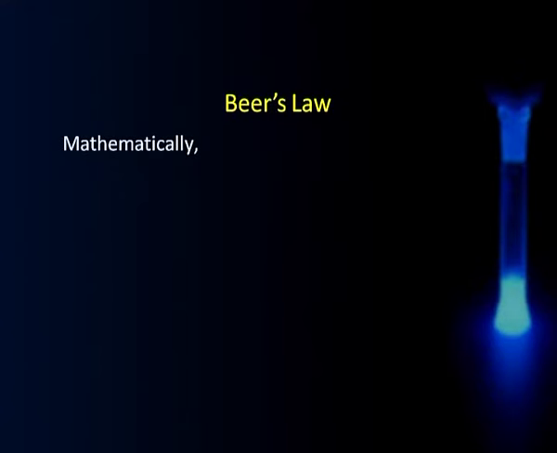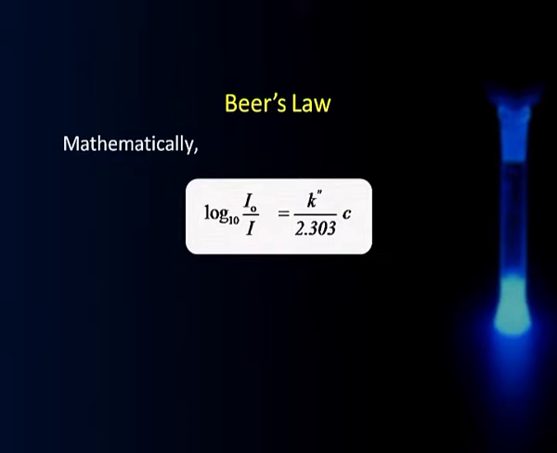This will be similar to that, say, from 90 becoming 81, and so on. This is exactly parallel to Lambert's law. Let us see the mathematical expression for Beer's law. It is log to the base 10 of I naught by I equal to another constant, k by 2.303, into c, because this depends on the concentration.